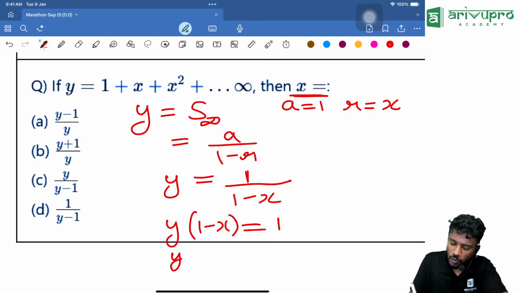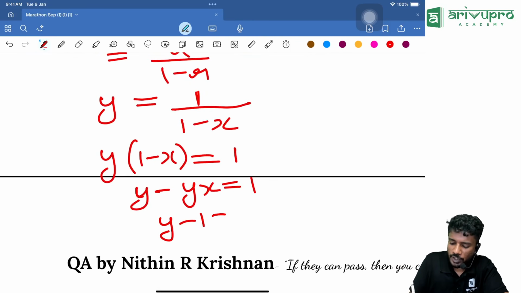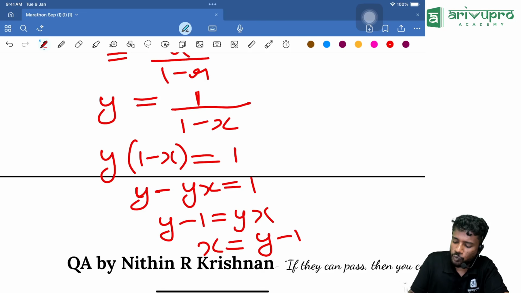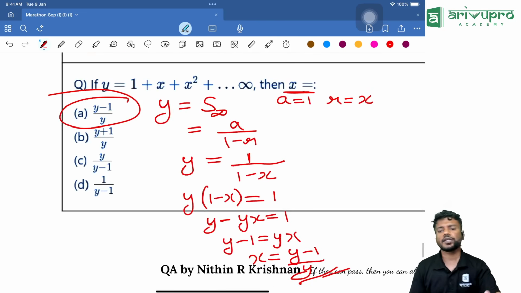Open the bracket. Y minus YX is equal to 1. From that, X is equal to what? Y minus 1 is equal to YX. Then X is equal to Y minus 1 divided by Y. Option A is your answer.